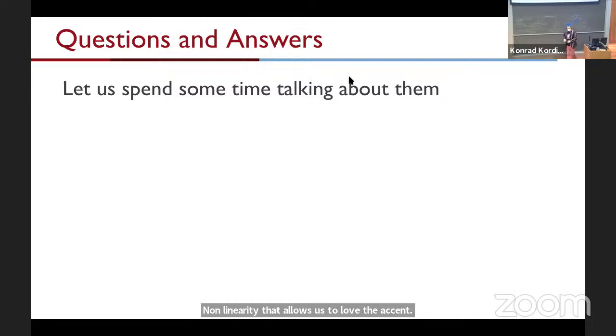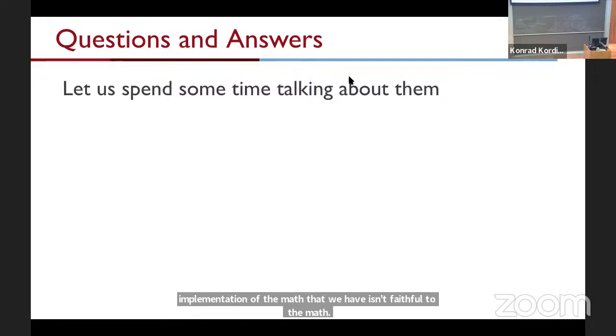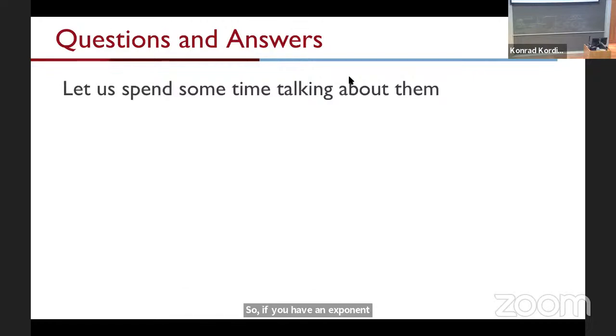And the reason why we have this XOR thing in our deck is just as a reminder: the implementation of the math that we have isn't faithful to the math. So if you have an exponential function, it goes to infinity at a very small level, like e to the 30, or e to the 100 is suddenly infinity for float 32.